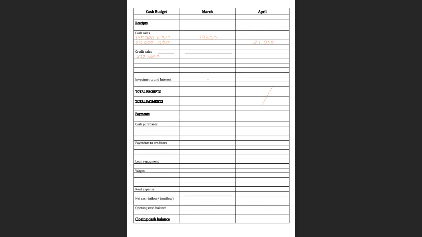You need to work out the credit sales first, so times it by 0.9, and then you need to work out 50% that would have been received in the month of March. So this then gives you a figure of 100,125. Then we are done with the month of Jan.